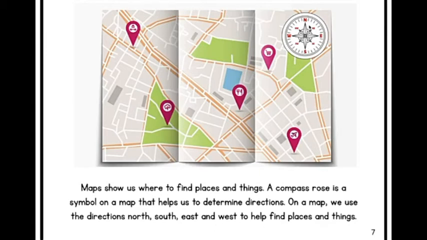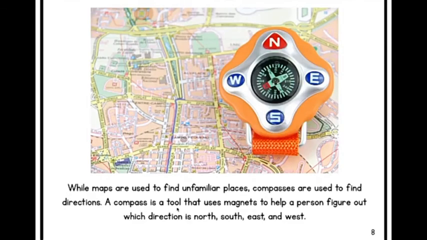So if you look up here on the compass rose, this N means north, it's pointing up. The E means east, the S means south, and the W means west. So we have north, east, south, and west.